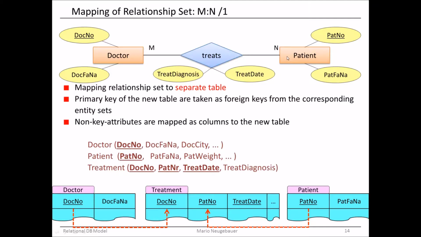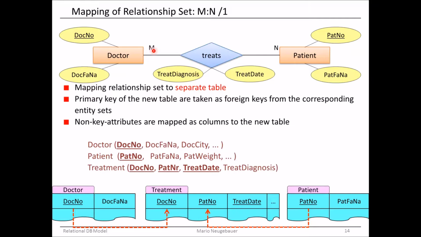And if we look onto the patient, then an arbitrary patient from the set of patients is connected by the treatment, or is treated by maybe many doctors. Because maybe one doctor might not be enough.